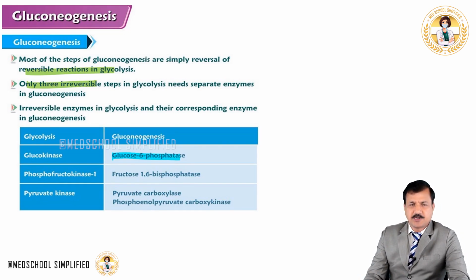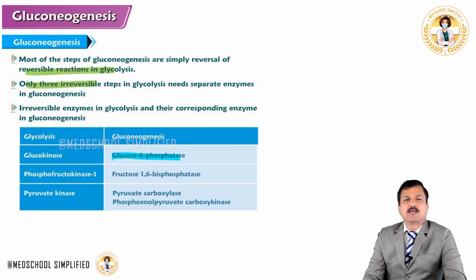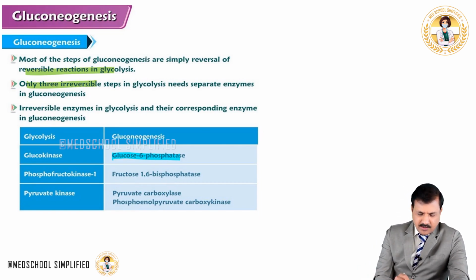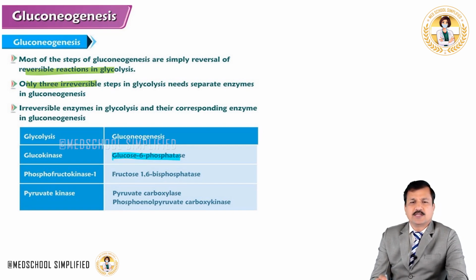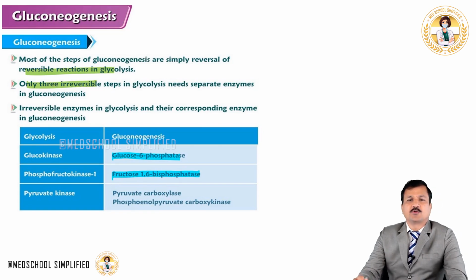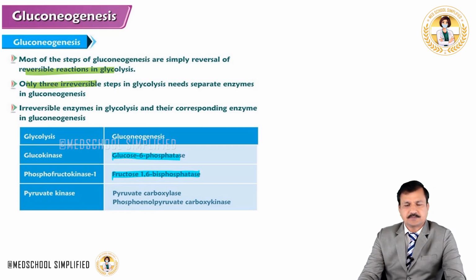This gluconeogenic enzyme reverses the reaction catalyzed by glucokinase in glycolysis. Similarly, for phosphofructokinase 1 in glycolysis, the second irreversible reaction, the corresponding enzyme is fructose 1,6-bisphosphatase.